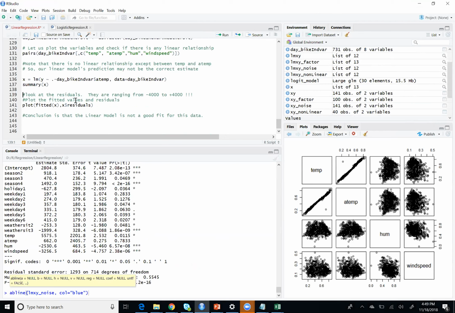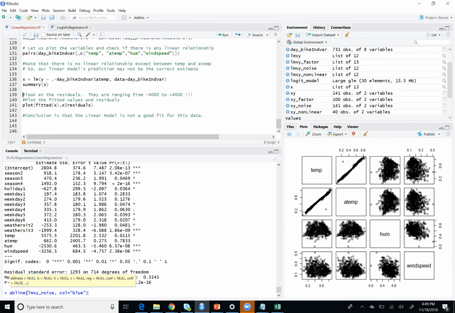So the main assumption in linear regression is that the features which we are using should be linearly independent of each other. And these stars will tell us which ones to use and which ones not to use. So if the data is linearly independent, then we'll get a better model.